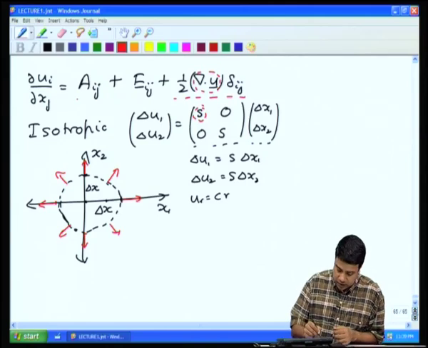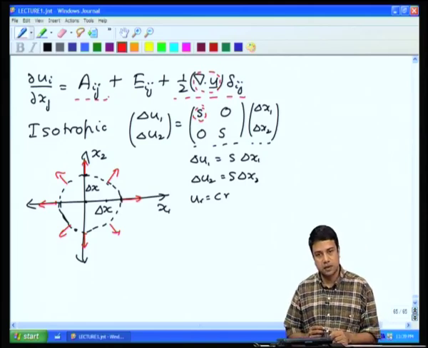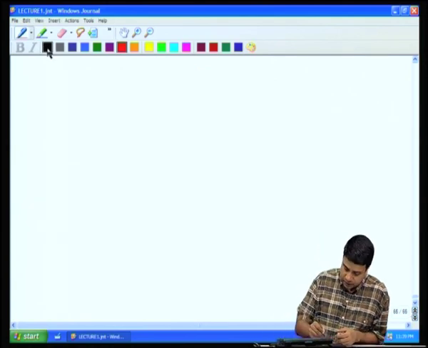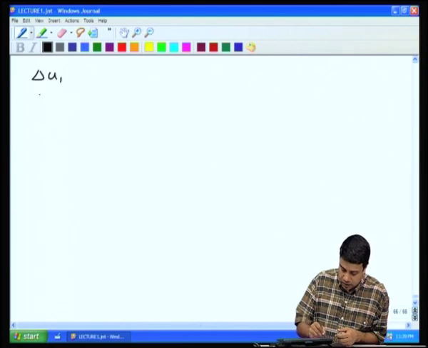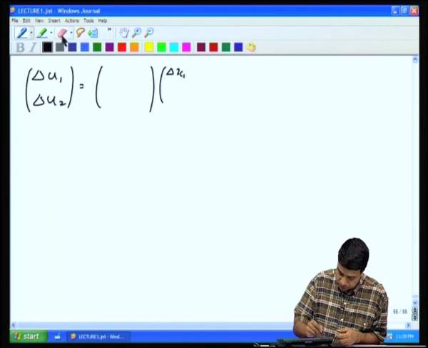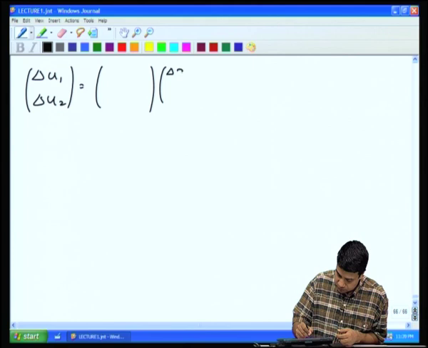Next, let us look at the antisymmetric part. So, for the antisymmetric part, delta u 1, delta u 2 will be equal to some deformation tensor times delta x 1, delta x 2.